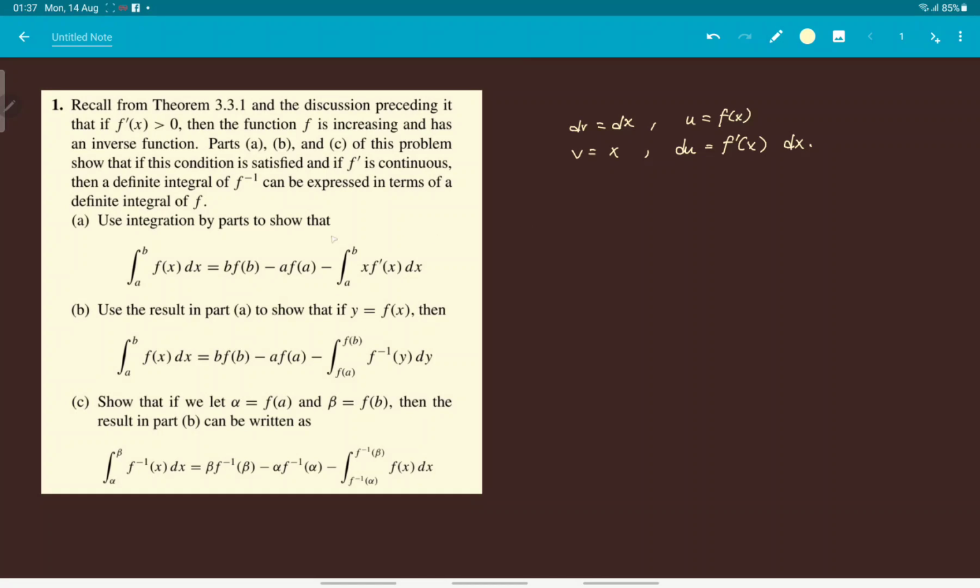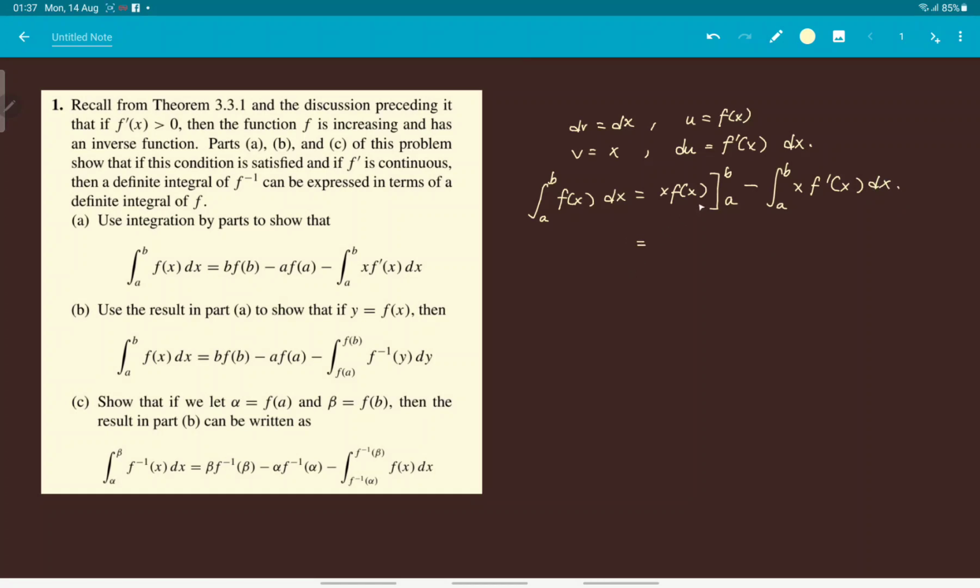So using integration by parts, we get the integral from a to b of f(x) dx equals f(x) times x from a to b, minus the integral from a to b of x f prime x dx.